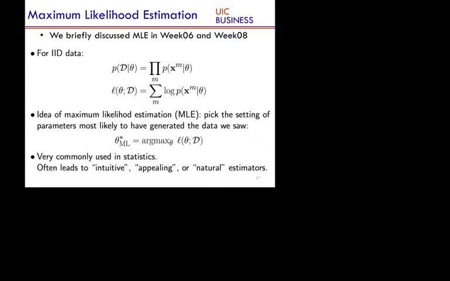Different parameter values will assign different values to this probability, so you want to pick the particular parameter value which maximizes it. The log is there for convenience, but this is the objective, and I want to maximize over theta. The maximum likelihood estimate is just the argmax over theta of this log likelihood, and it's very commonly used in statistics.